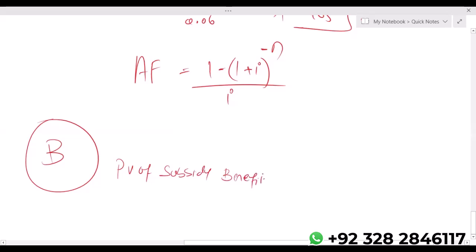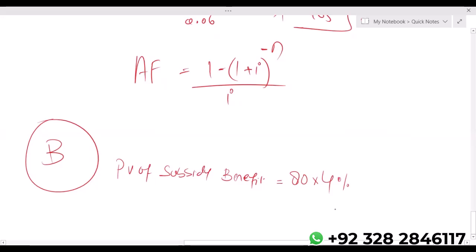Logically, company will have the benefit in the first 4 years, but tax will be paid from year number 2 till year number 5. So present value of subsidy benefit is equal to loan, which is 80, subsidy benefit percentage is 4%. Now I cannot directly do 1 minus t. Why? Because we are not paying tax in the same year, we are paying tax with a delay of 1 year.